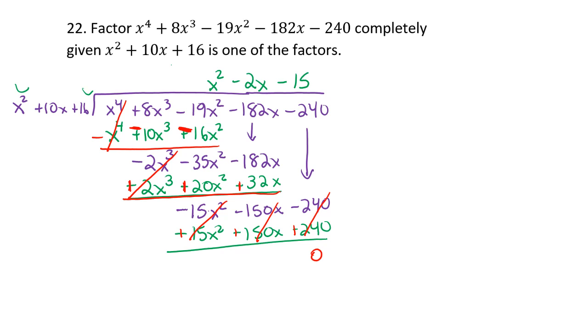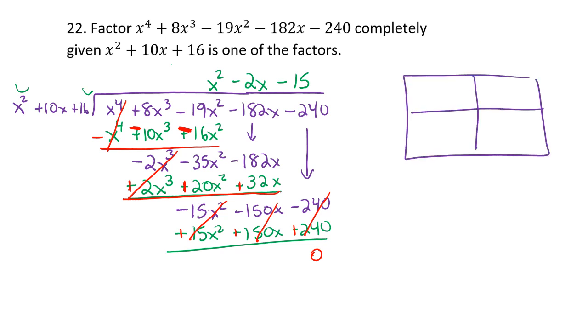So now that we have the x squared, we're going to factor that using the box. So we have x squared here. We've got our negative 15 here, negative 2x here. X squared times negative 15 is negative 15x squared. And so we need to figure out two numbers that multiply to be negative 15x squared, but those same two numbers will combine to be negative 2x.